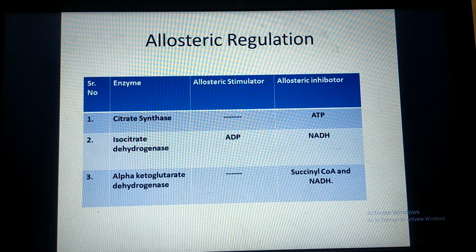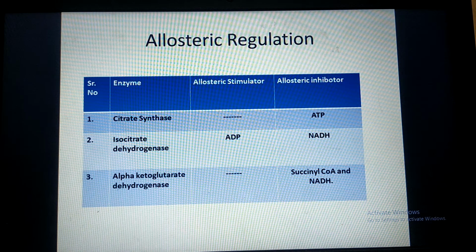Citrate synthase is inhibited by ATP molecules. The main purpose of TCA cycle is to generate ATPs. When the concentration of ATP inside the cell or inside the mitochondria increases, then this ATP acts as an allosteric inhibitor of the enzyme citrate synthase and decreases the TCA cycle pathway.